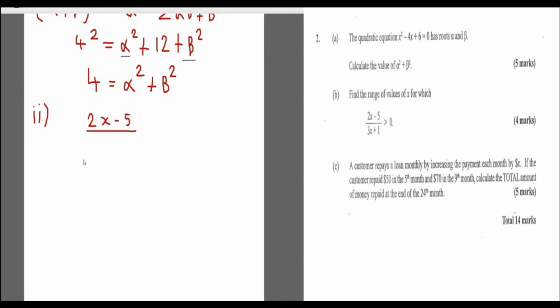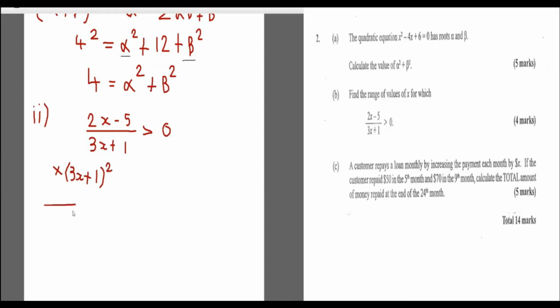To convert it, we're going to multiply both sides by the square of the denominator. So we're going to multiply both sides by 3x plus 1 all squared. That's the first step.